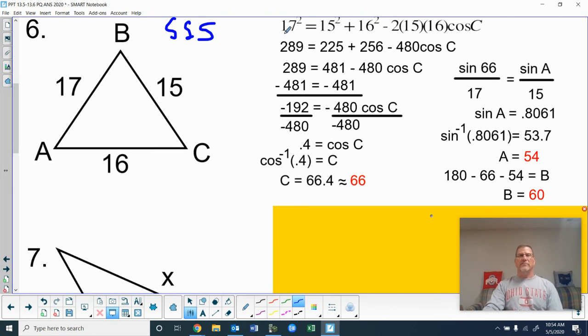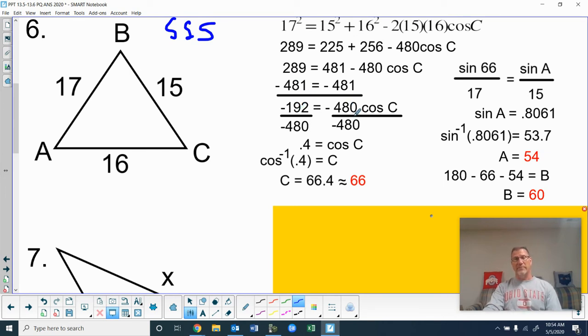All right, so 289 for 17 squared, 225, and 256 for 15 and 16 squared. 2 times 15 times 16 is 480. So again, these two numbers are pretty close, but remember, I can't subtract those. I have to take the 481 over, subtracting it. That's where the negative 192 came from.